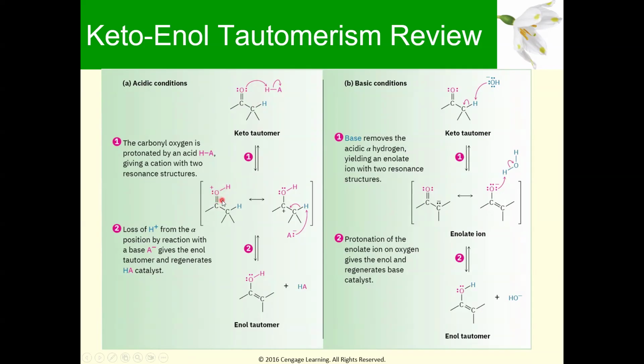forming that protonated carbonyl, which has the formal positive charge on the oxygen, but it can resolve that by moving a pair of electrons off that carbon onto the oxygen. It moves a pair of electrons from the CO double bond onto the oxygen, and that gives a formal positive charge to the carbon.